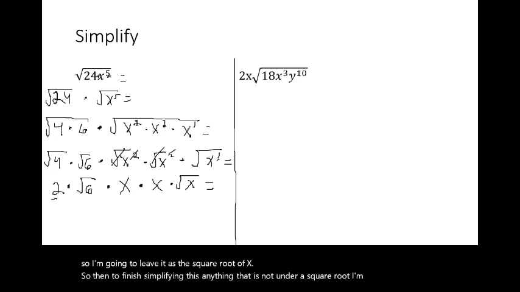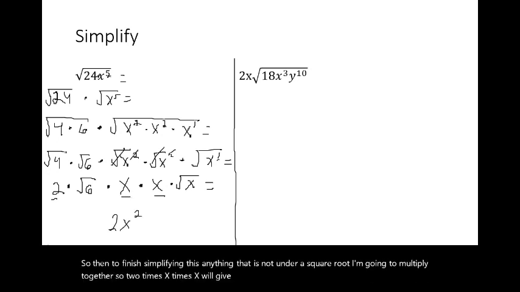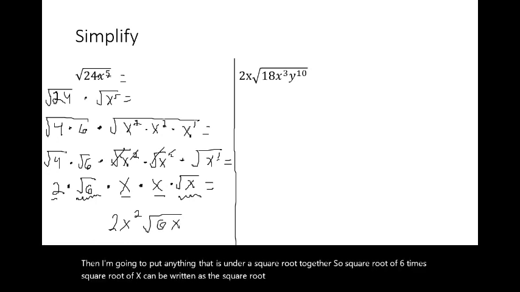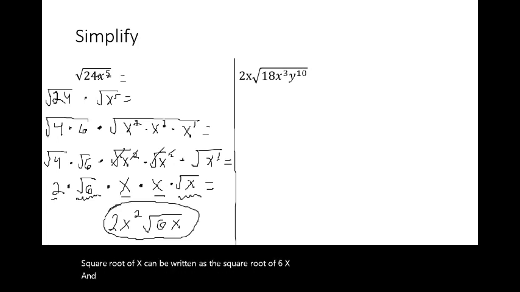So 2 times x times x will give us 2x squared. Then I'm going to put anything that is under a square root together. So square root of 6 times square root of x can be written as the square root of 6x. And then this is going to be our fully simplified final answer.